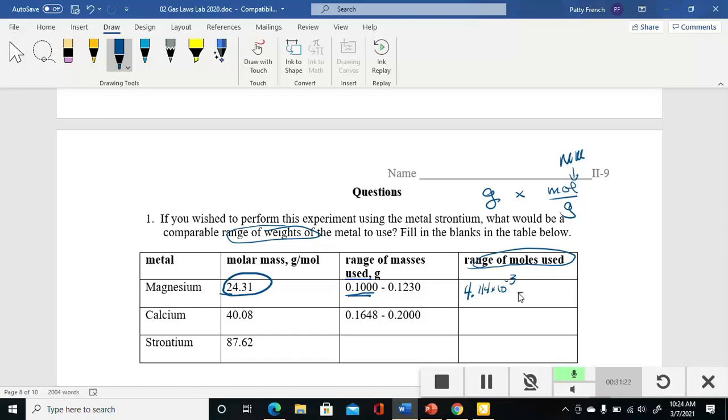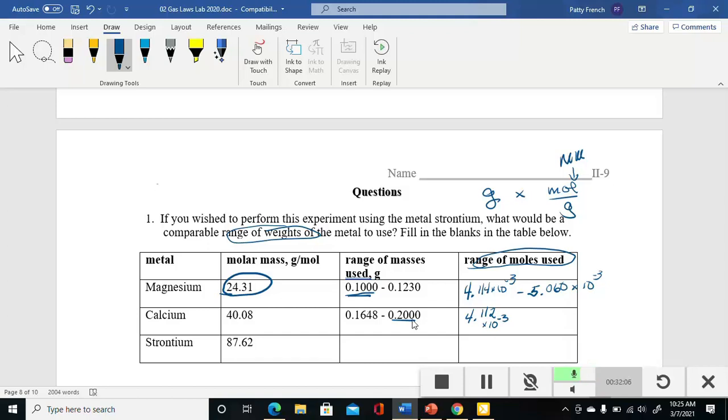The other end of that range was 5.060 times 10 to the minus third. Okay, so let's check for calcium. At the low end of the range, 0.1648 grams over 40.08 grams per mole gave us 4.112 times 10 to the negative third.